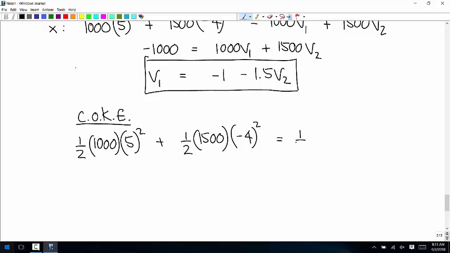And that's equal to 1/2 times 1,000 V1 squared plus 1/2 times 1,500 V2 squared.